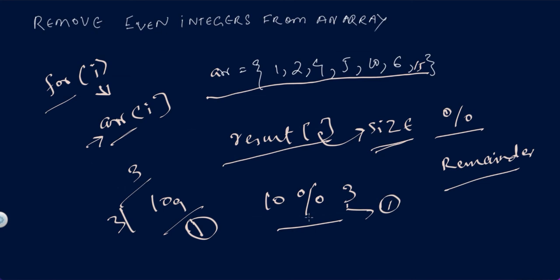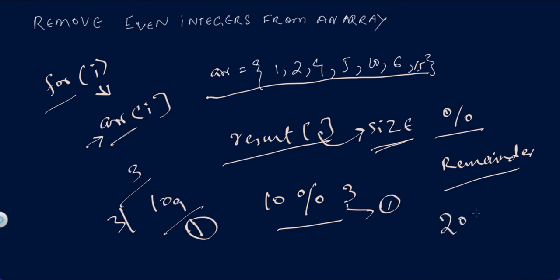So we are solving the problem of removing even integers from an array. It means that while we are iterating each element, if a given number is divisible by 2, the remainder should be equal to 0 in our case.